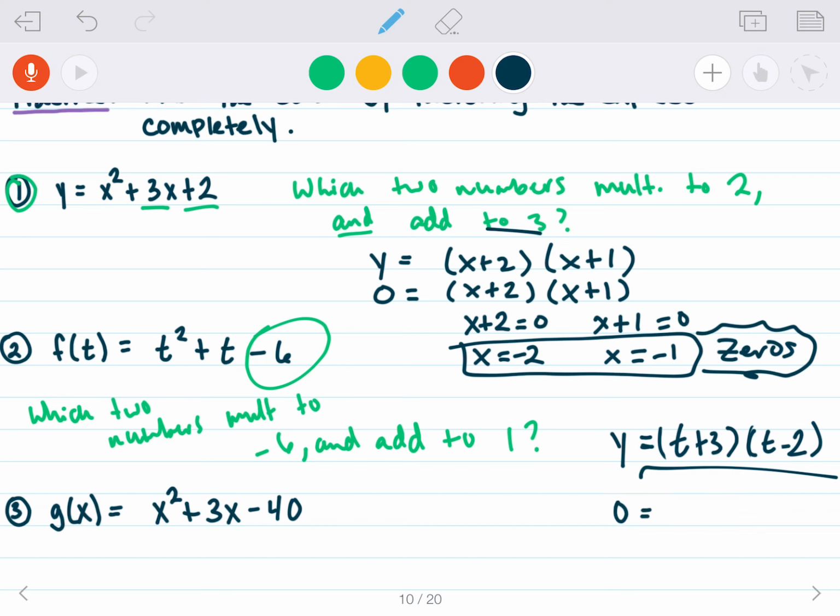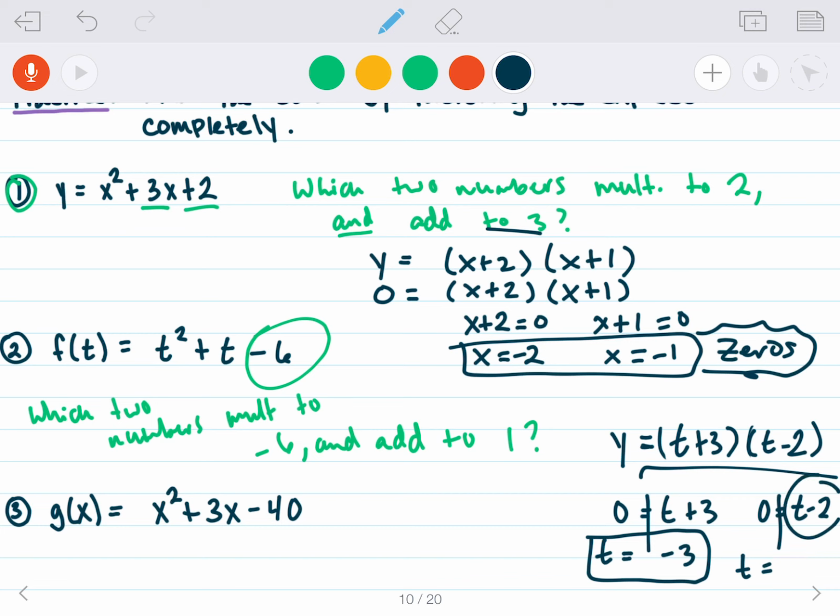So 0 equals t plus 3. And we also have 0 equals t minus 2. Solve for t to get t equals negative 3. And I'm kind of going out of order here just to make room on the page. And over here, when we add 2 to both sides, we get t equals 2. So these are my zeros. This is where it crosses the x-axis.